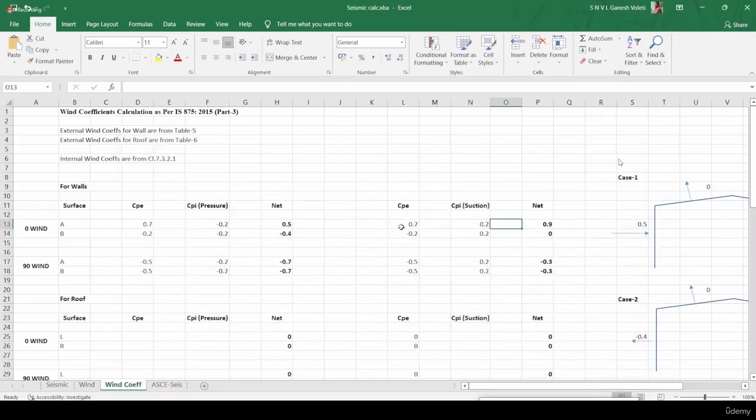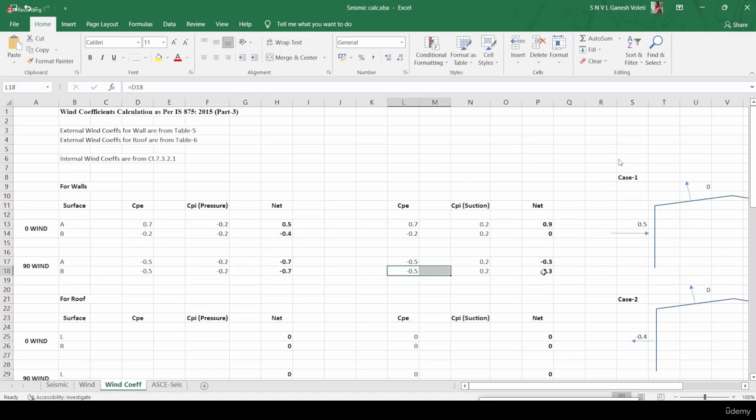Here also we will calculate the net coefficient. Plus 0.7 plus 0.2 gives you plus 0.9. Minus 0.2 plus 0.2 cancel and you get 0. Minus 0.5 plus 0.2 gives you minus 0.3.